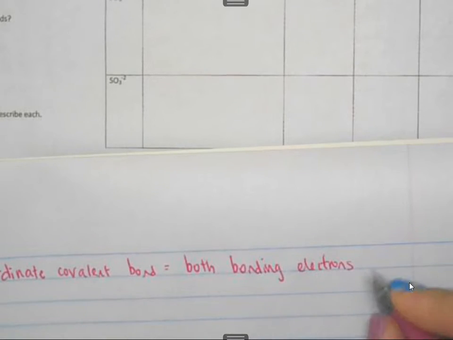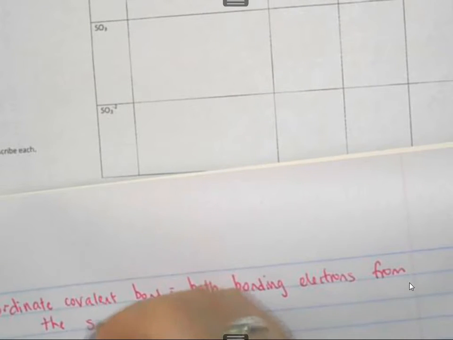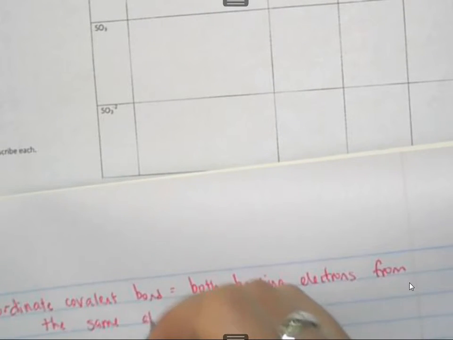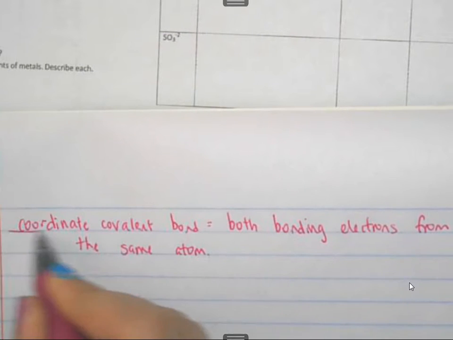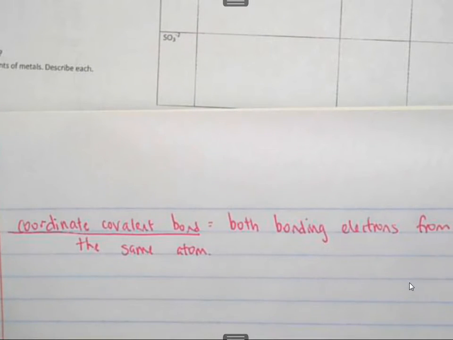From the same atom. Both bonding electrons are from the same atom. I wouldn't even mention this, but it's really not possible to draw all these things without doing it. So many of these include this.